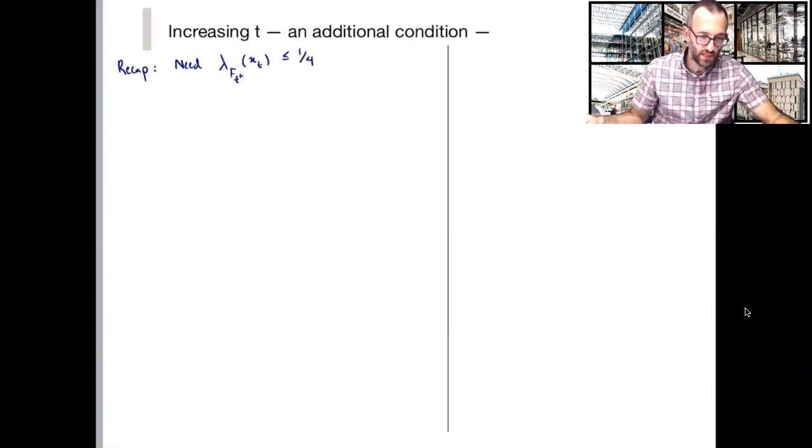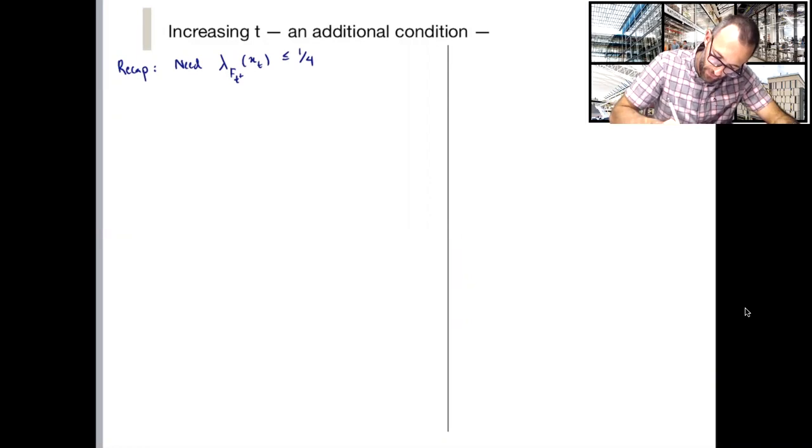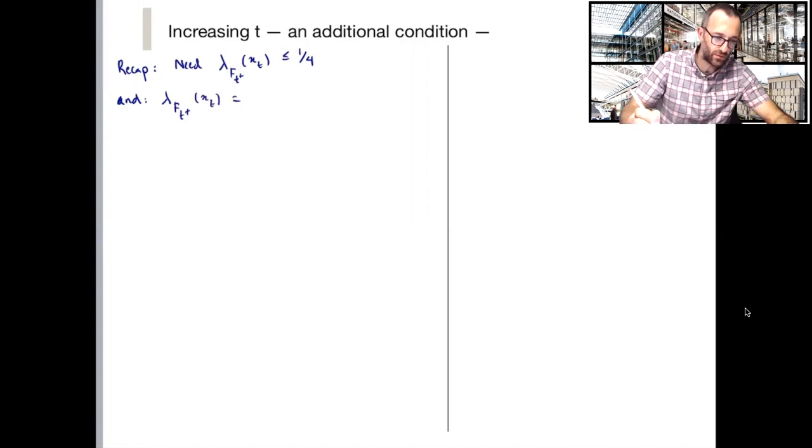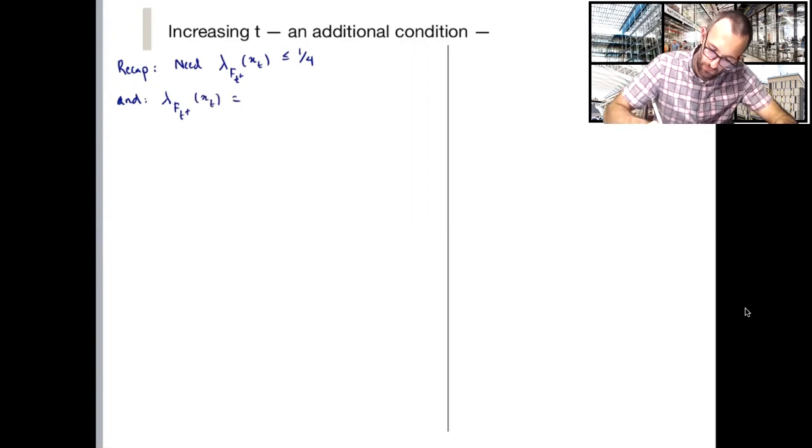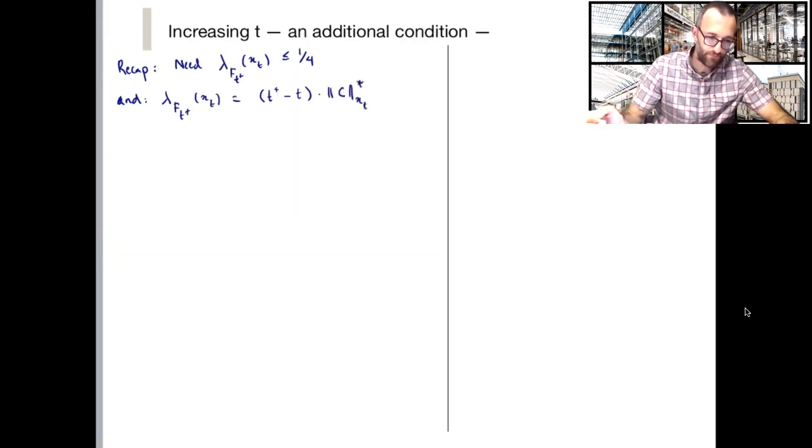And we have seen that lambda of ft plus of xt is exactly equal to t plus minus t times the norm of c at xt.